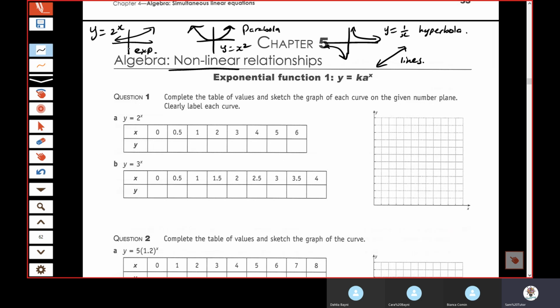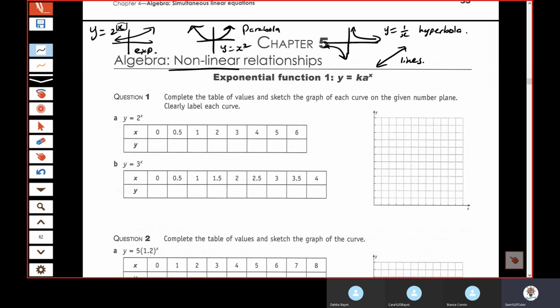So there's only three of them. Exponential, and that's 2 to the power of x. And it looks something like, we're going to do it in a second. X has a power, so 2 to the power of x.